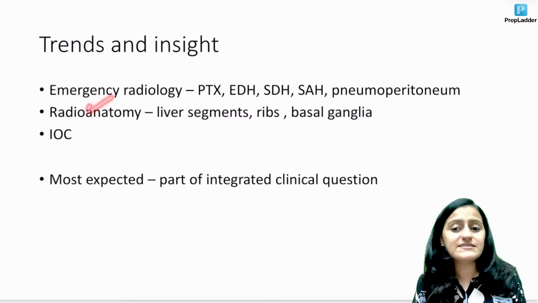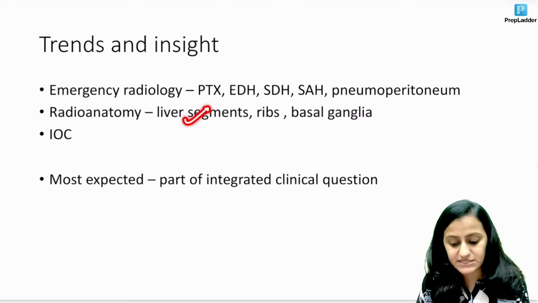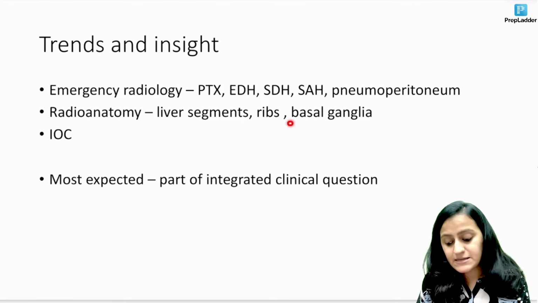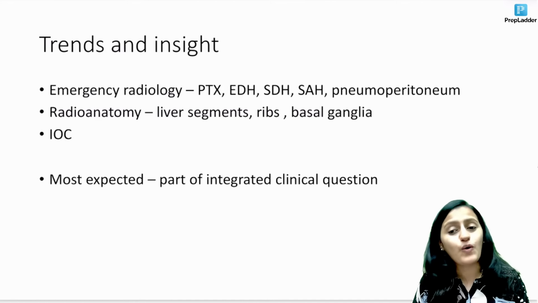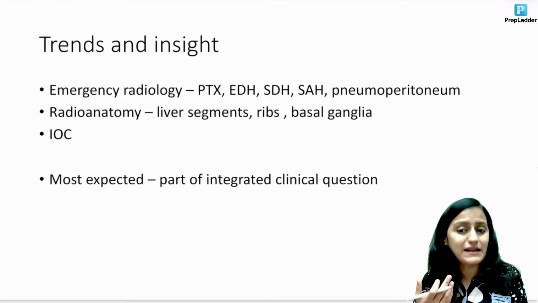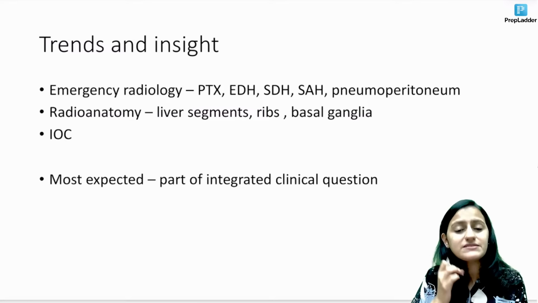Then in recent years, there have also been questions on radio anatomy, like identifying the liver segment on CT, the rib identification, anterior, posterior, what number rib is it, basal ganglia identification on MRI. All of this is important. In the recent year, there's also been a question on barium swallow identifying pyriform sinus. Right, so one step ahead questions are being asked in radiology.